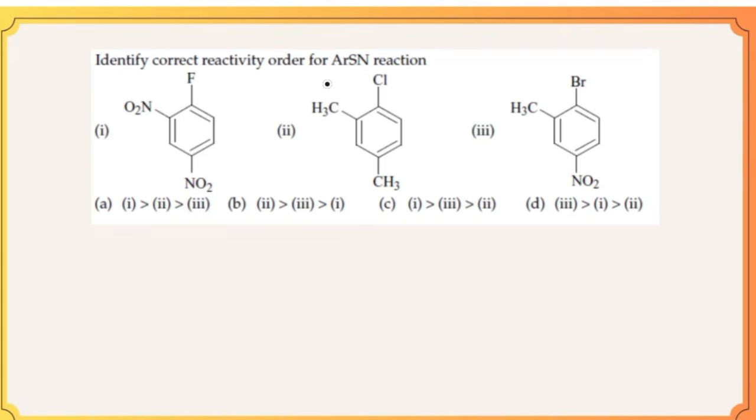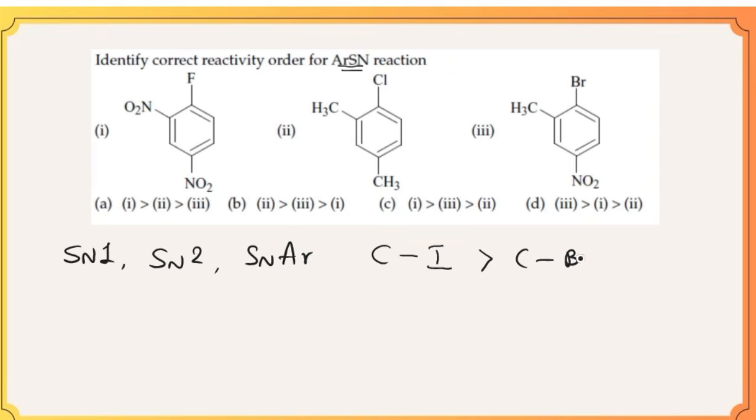The next question is based on the aromatic nucleophilic substitution reaction. You have to arrange the given molecules in the decreasing order of their reactivity. Generally, when we have different halogens and the same alkyl group, whether it is an SN1 reaction, SN2 reaction, or SNR reaction, if all the groups are the same, then the order of reactivity for different halogens will always be in this order.